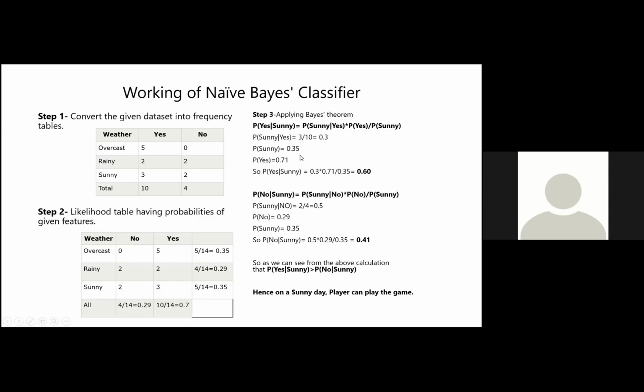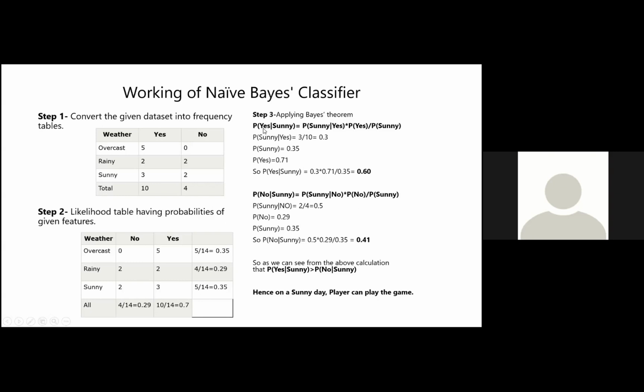We take these probabilities and apply the Bayes theorem. The probability of yes given sunny is translated into the probability of sunny given yes, and so on.